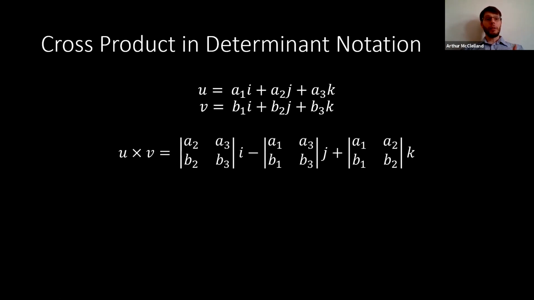So then we can go back to our cross product and again write it as vectors u cross v, but now we can just have it in determinant notation. So it's the determinant of A2, A3, B2, B3 times i, the determinant of A1, A3, B1, B3 times j, plus the determinant of A1, A2, B1, B2 times k.